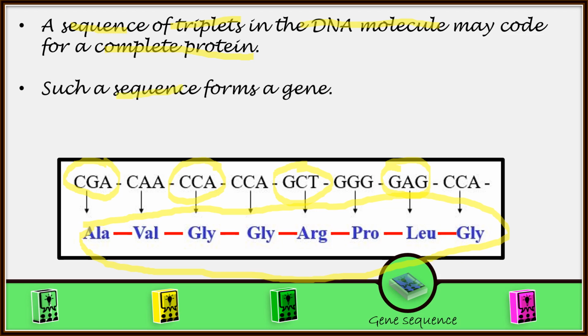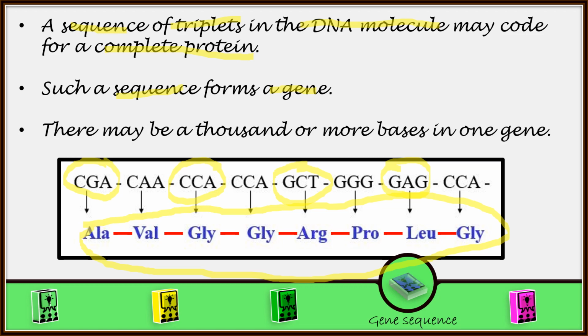Such a sequence forms a gene. There may be thousands or more bases in one gene, and a gene is going to produce a particular protein which is going to determine a particular character of an organism.